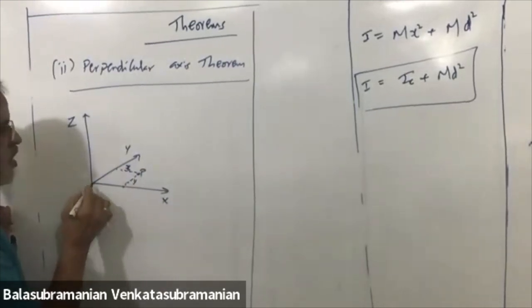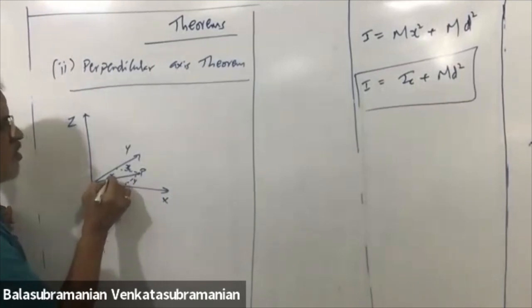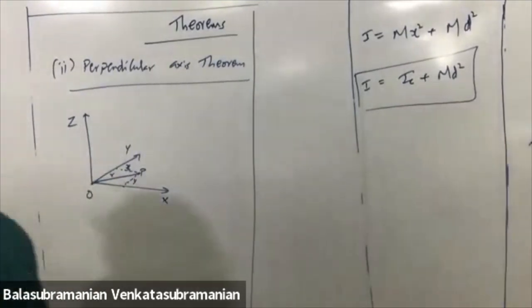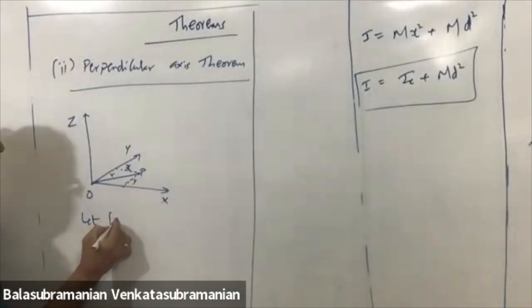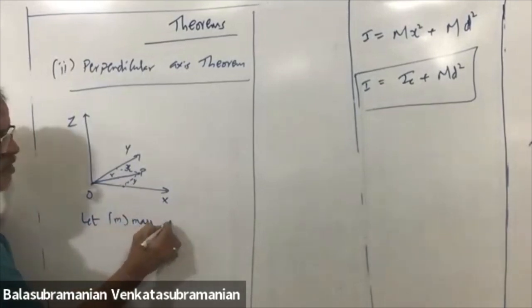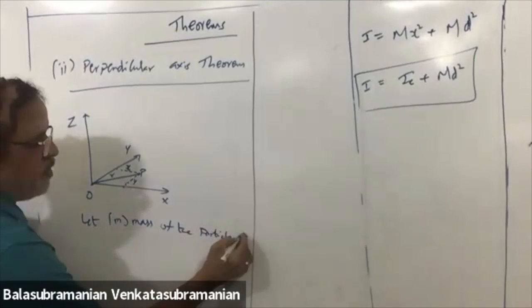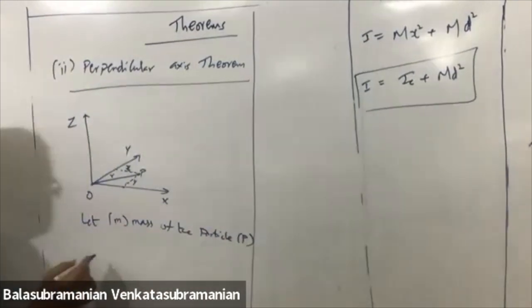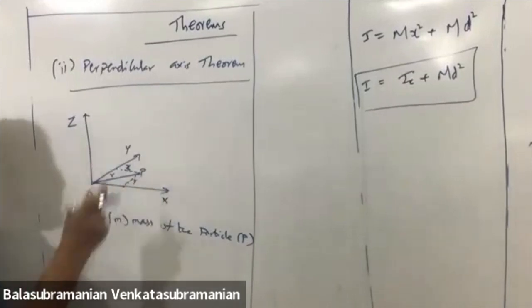This is the origin. Origin to this point, the distance, let us take it as R. Let m be the mass of the particle P, which is at a distance of x from the y-axis and y from the x-axis.